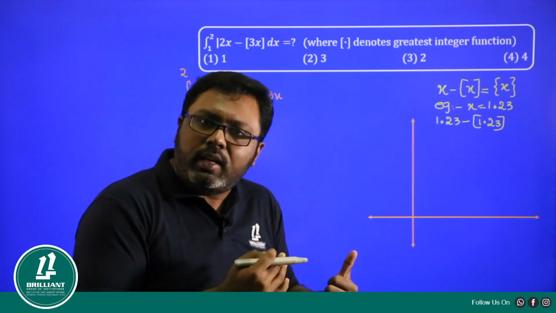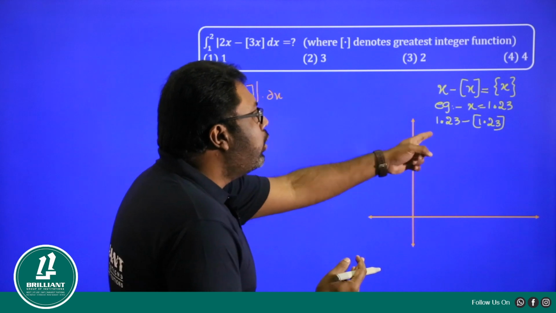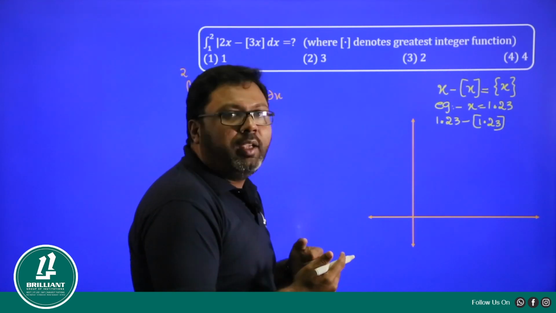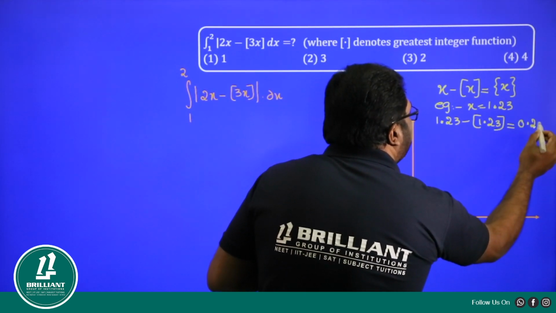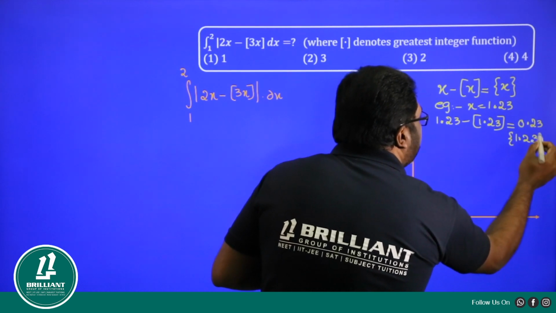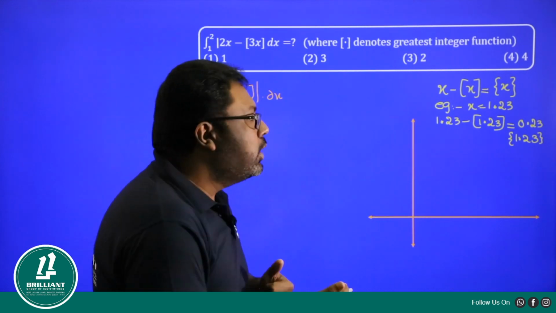So the greatest integer just before 1.23 is 1. So your greatest integer of 1.23 is 1. So 1.23 minus 1 is definitely 0.23. Isn't that the fractional part of 1.23? Yes, the fractional part is 0.23. Got it? Is it understood?